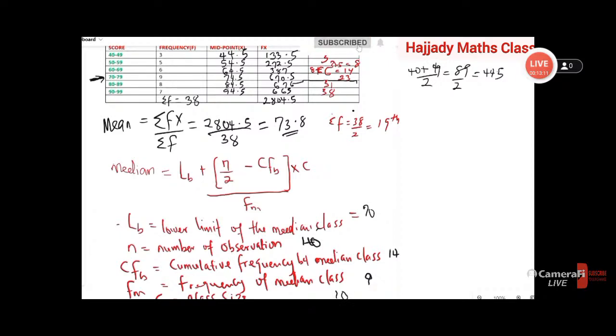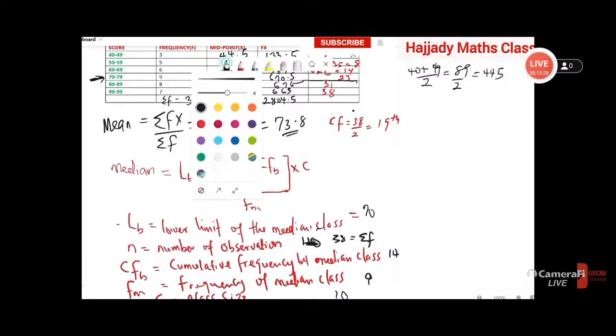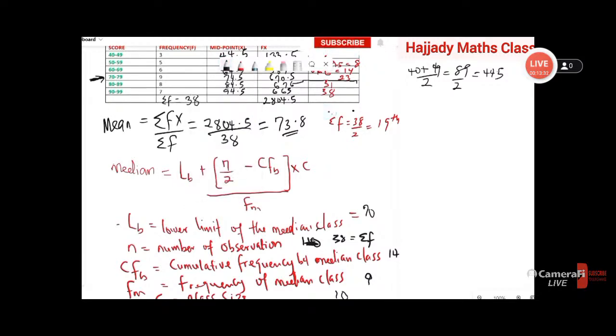Oh, sorry, I said our number of observation can be 10. That is a mistake from my part. It's 38. Our number of observation is the same thing as summation F. Now, we are going to make use of these values in computing our median.